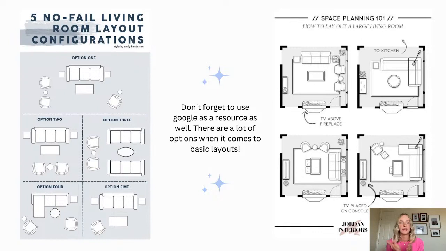If it's just kind of straightforward, these are great options to give you some ideas on how you can arrange your furniture. I love this one here to the right because it does include, okay, here's the fireplace, and in the right-hand corner of this picture, the kitchen is behind that sofa. It gives you a little bit more of an orientation as to the rest of the floor plan around that room. But don't forget to use Google as a resource. It's a really great thing.